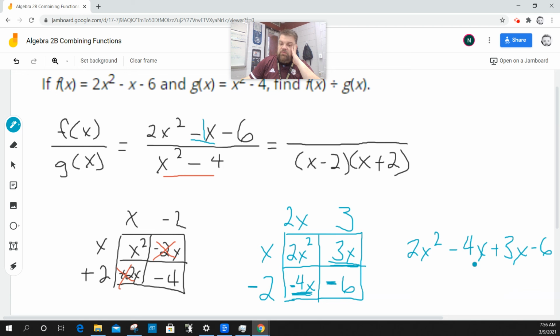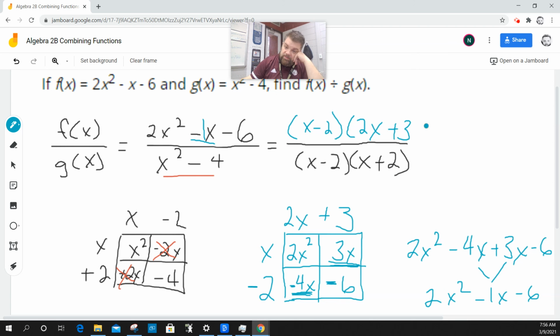Well, what's negative 4x plus 3x? It's just negative 1x. So I'm going to write this as x minus 2 times the quantity 2x plus 3, because that's positive 3.